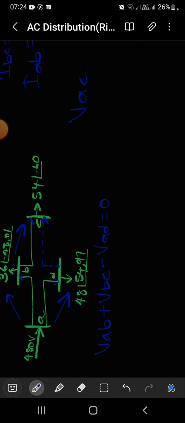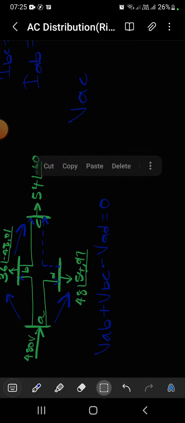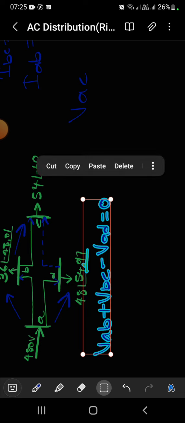In case you didn't see it, VAB is taking a clockwise rotation, and VBC is also clockwise, meaning you can add them together. But VAD opposes those. That's why we came up with this formula. Cool.